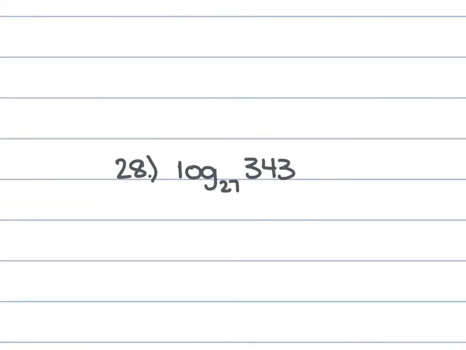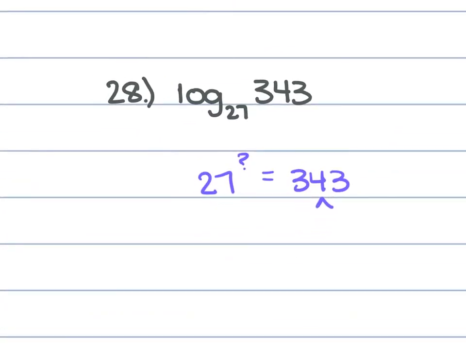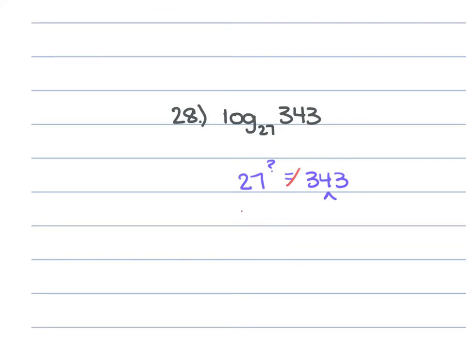For 28, we have log base 27 of 343. So this, again, is 27 to the power of what is 343. So we can divide that 343 by 27, and we don't get anything that is divisible. The 27 doesn't go into 343 evenly. So what we can do with this is take the log of 343 divided by log 27.